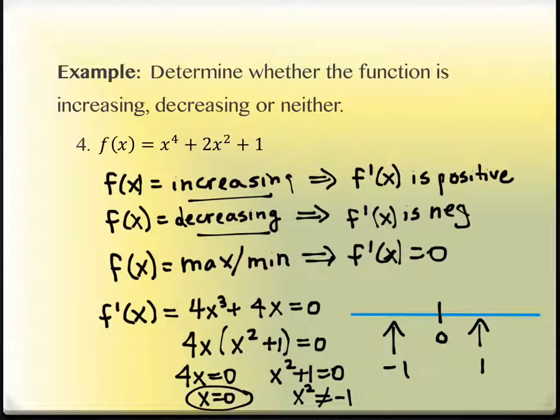What do I care about that answer? I don't really care what the number is at all. I just care, do I get a positive or do I get a negative? So, check it out. What happens when you put in negative 1? You get a negative. What happens when you put in positive 1? You get a positive.